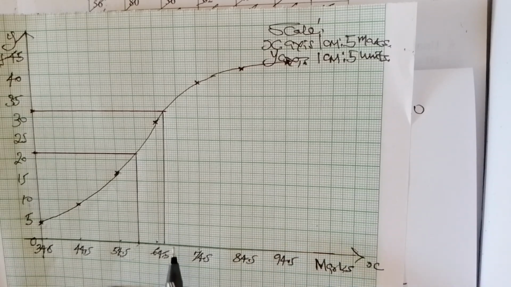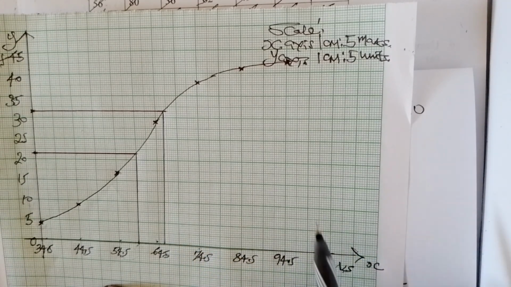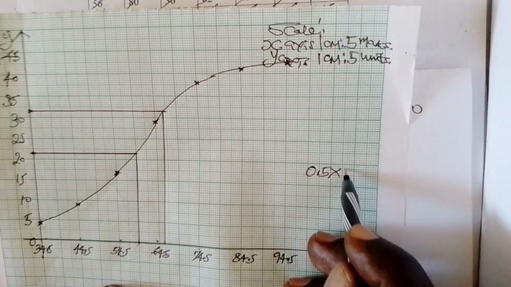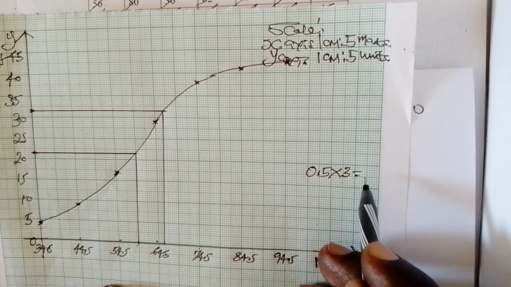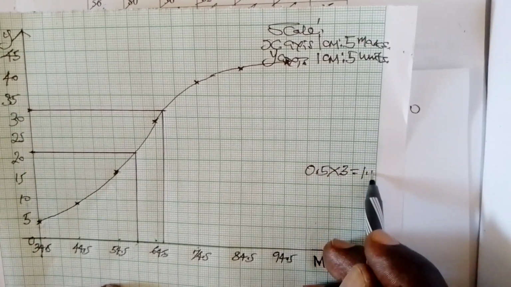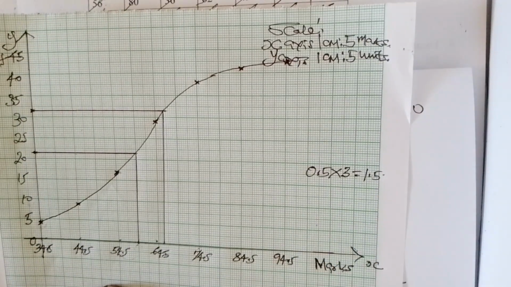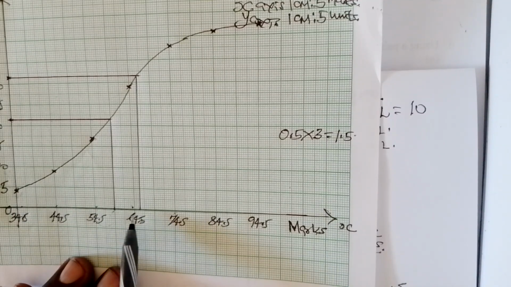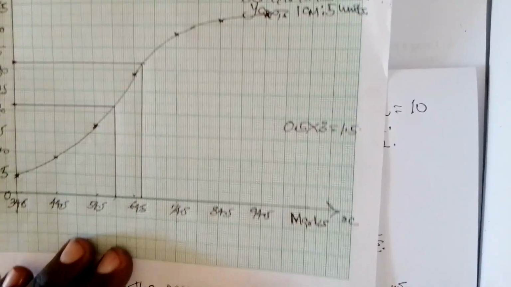And because now we have 3 small squares after 64.5, we're going to say 0.5 multiplied by the 3, which gives us 1.5 units. So for us now to get the value of our upper quartile, we are going to get 64.5.